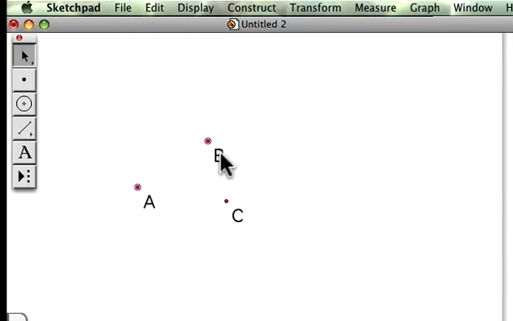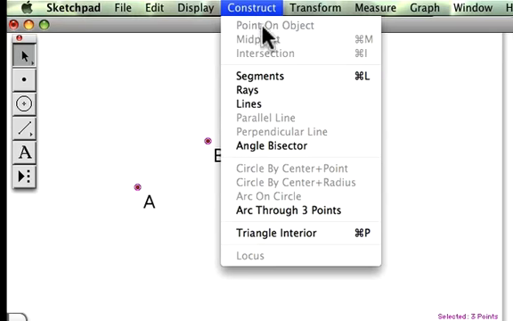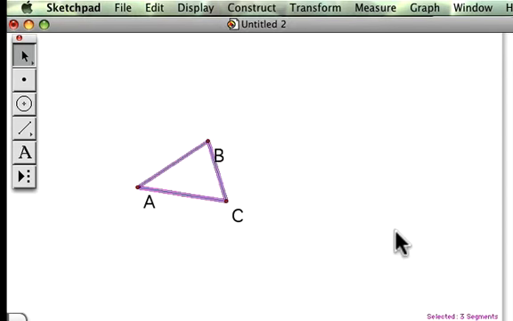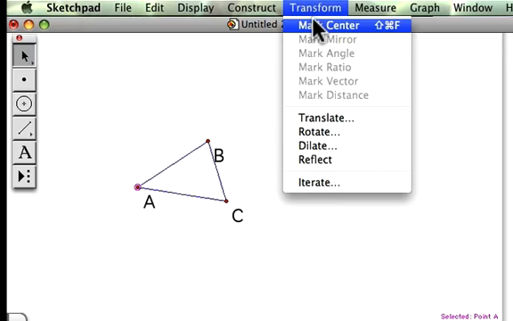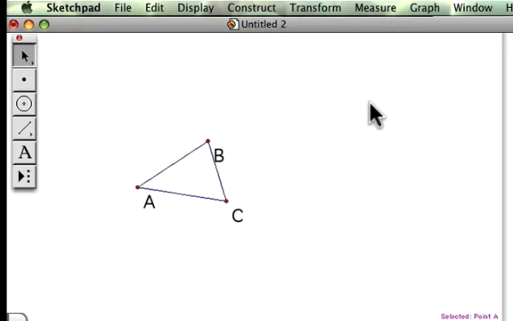So you're going to then construct your triangle, and what you can do is now click on point A, and under Transform, you're going to click on Mark Center.